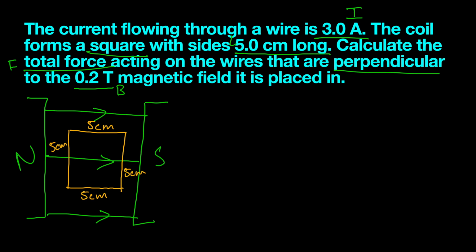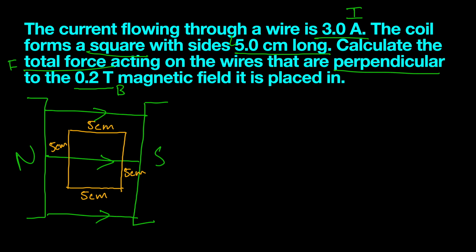Calculate the total force acting on the wires that are perpendicular to the 0.2 Tesla magnetic field. From this diagram, which wires are perpendicular? Pause the video and think. So as we can see, these wires are perpendicular, and these wires are parallel to the magnetic field.